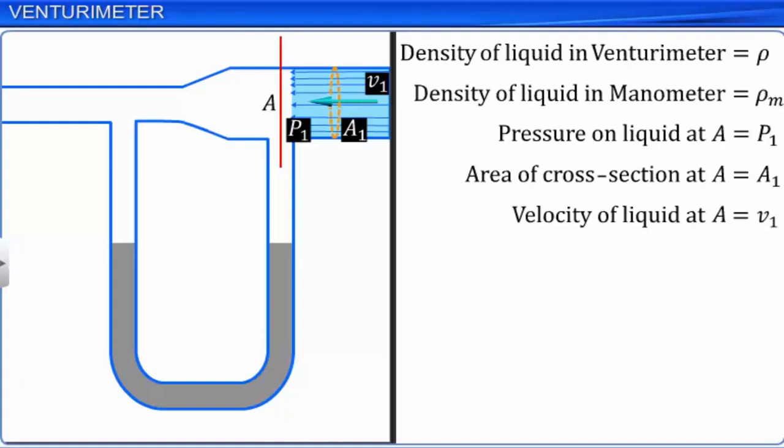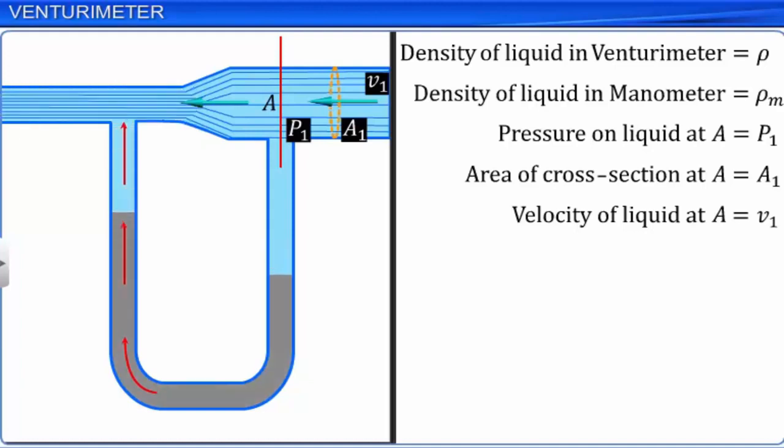As the liquid heads for the constriction, the area of the cross-section of the tube decreases and hence its velocity increases, decreasing the pressure therein. This decrease in the pressure at the constriction creates a vacuum and sucks up the liquid in the manometer limb.